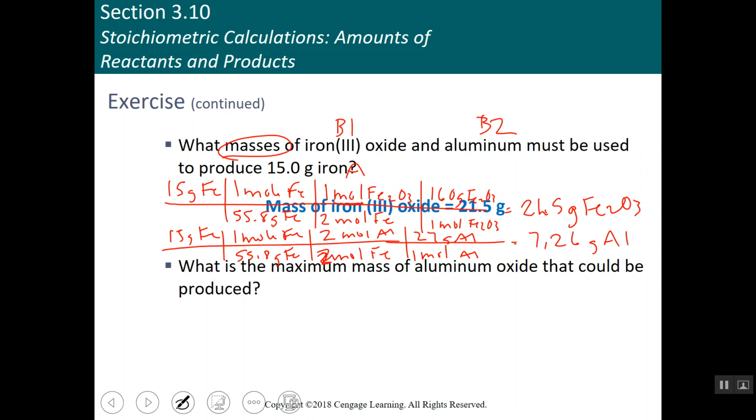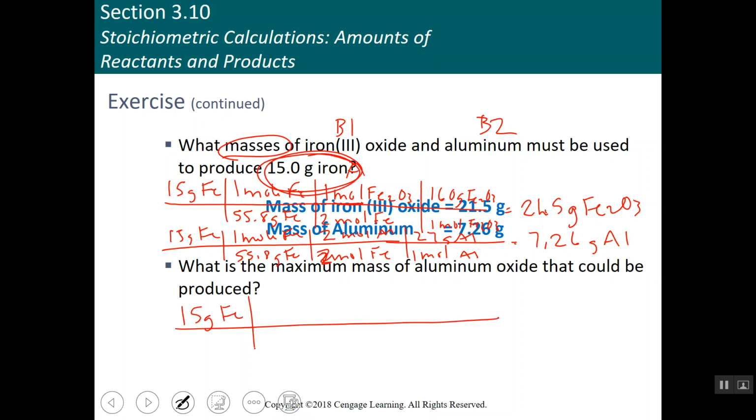Yep, mass of iron 3 oxide is 21.5 and aluminum is 7.26. Now it also wants to know the maximum mass of aluminum oxide that could be produced. So again, we're going to start with the information we're given. So 15 grams of iron. Still, same few steps. So we need to get to moles of iron.